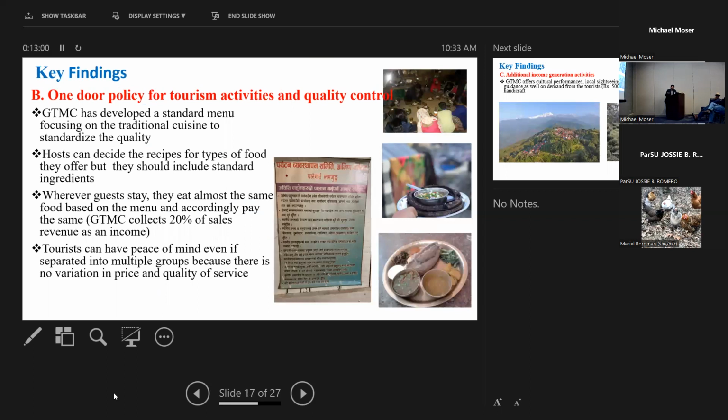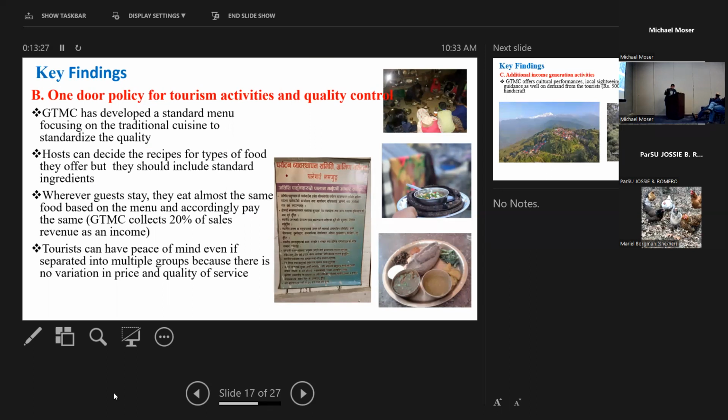GTMC also developed a standard menu, focusing on traditional cuisine. In the menu, the host can decide what to serve, but the standard should be maintained. For instance, if our menu contains 2 curries, the content of the curries can be decided by the host, but they should serve 2 curries.